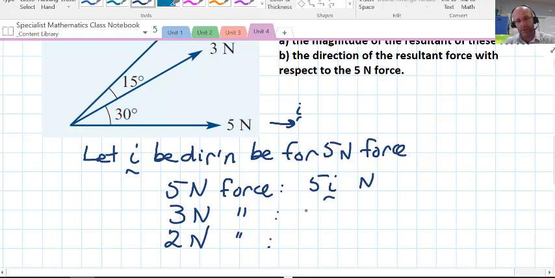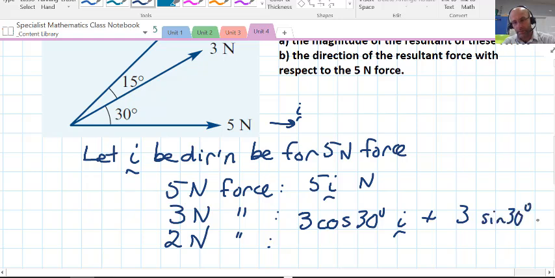So the 3 Newton force, breaking that down, would be in the I direction 3 cos 30 i plus 3 sine 30 j. For the 2 Newton, we've got 2 cos 45 i plus 2 sine 45 j.